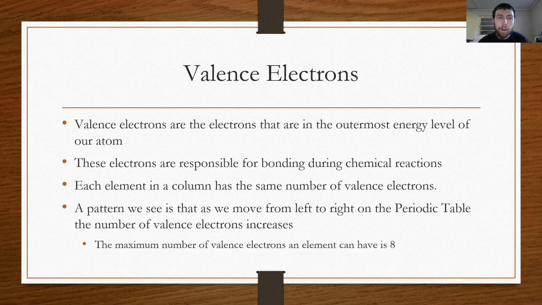And we see a pattern that as we move from the left side of the periodic table, where we start with the alkali metals, across to the noble gases, the number of valence electrons increases by 1 as we move over, right? So the alkali metals would have 1 valence electron, our noble gases would have 8 valence electrons. And again, the maximum number of valence electrons you can have is in fact 8.